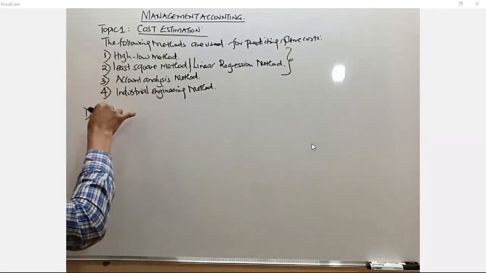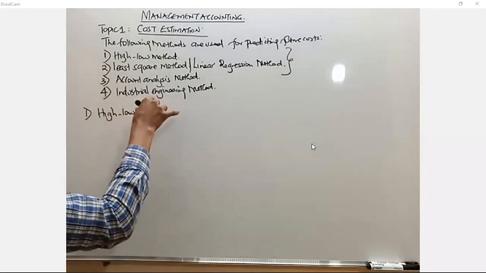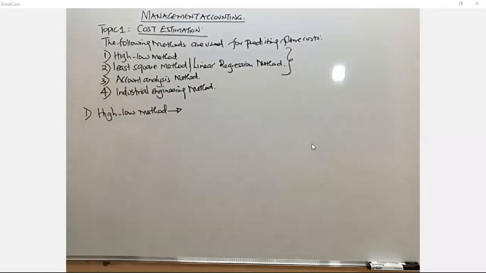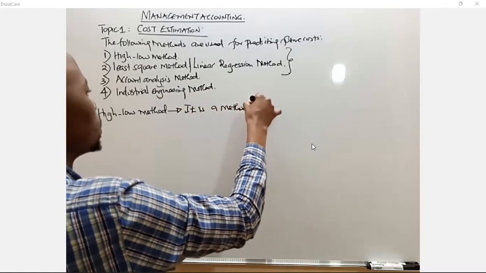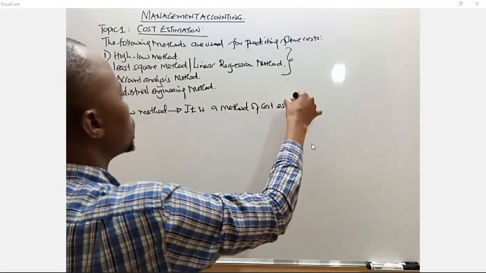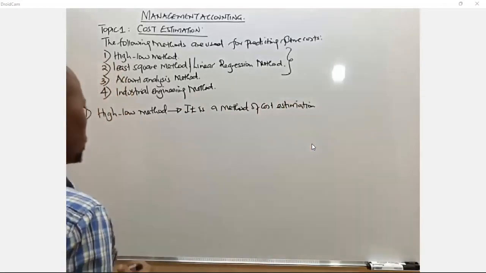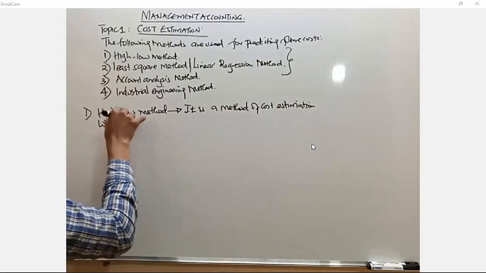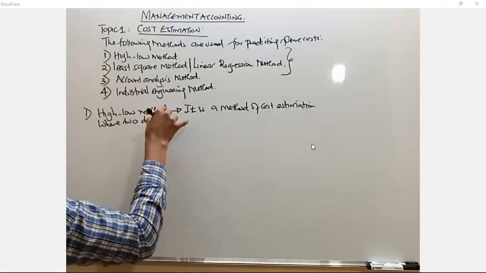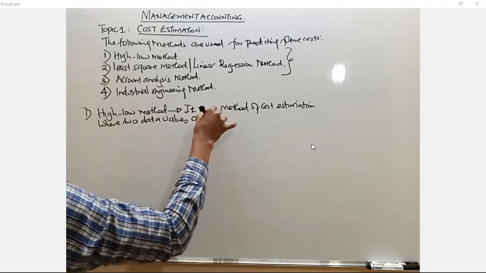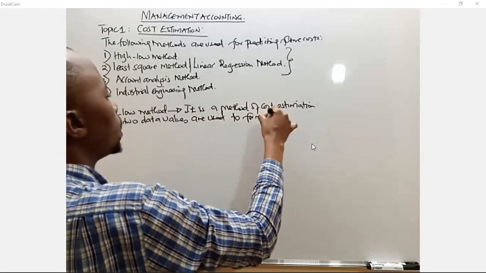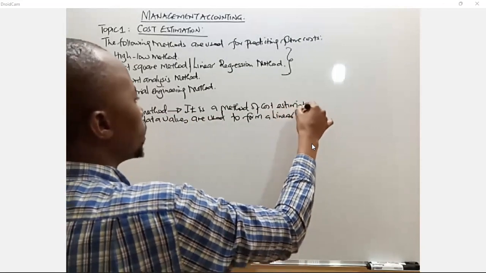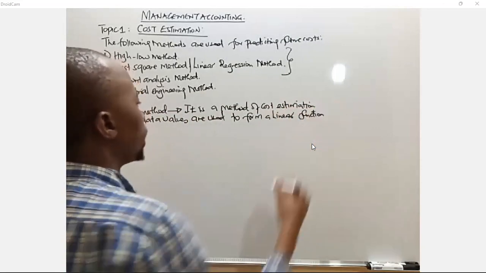We are discussing the high-low method, right? What does it mean? As we look at our notes, we said it is a method of cost estimation where two data values are used to form a linear function.